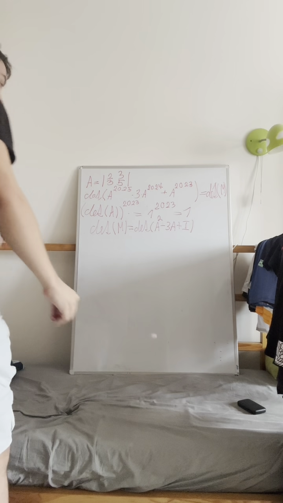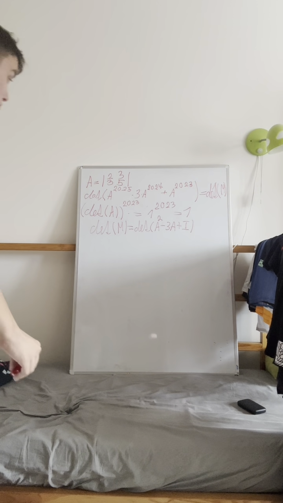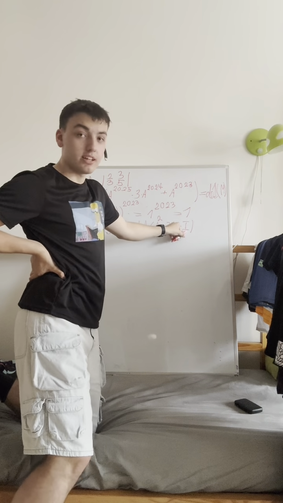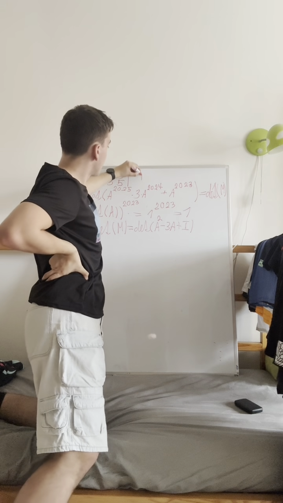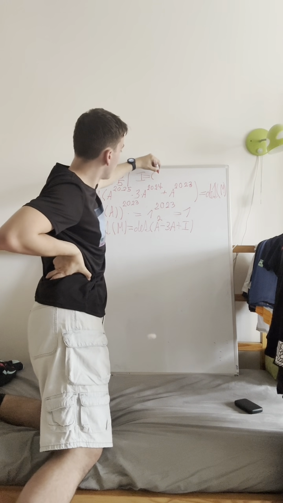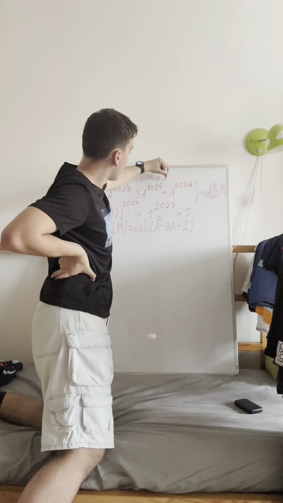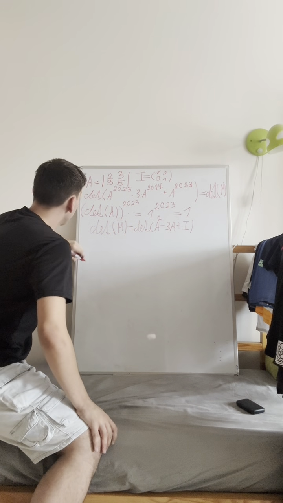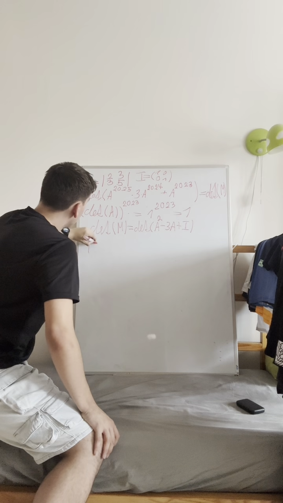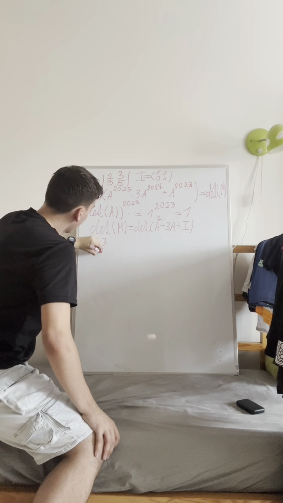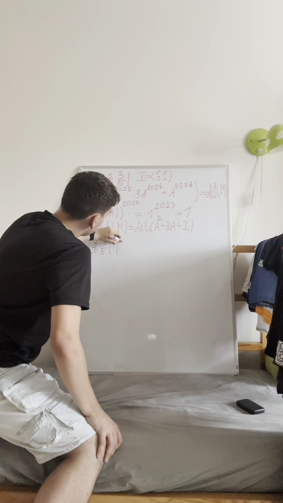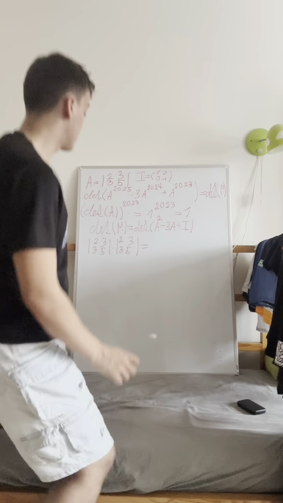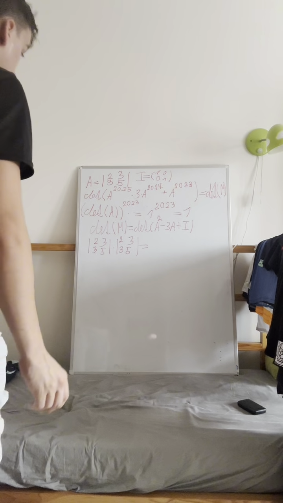And now we get to the interesting part. We just have to do matrix multiplication here, and the identity matrix is just 1 0 0 1. So A squared we can write as 2 3 3 5 times 2 3 3 5. Let's look at this more specifically.